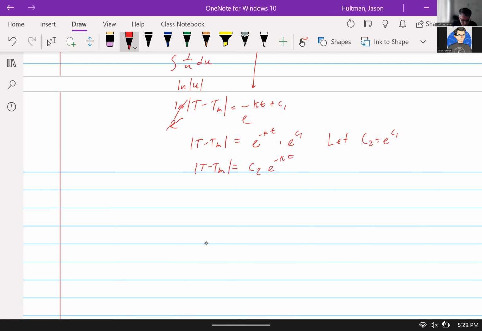And we're going to do the trick that we did the last time. We can turn that c2 into a c3, a constant that can just flip signs. If it's negative, it's positive; if it's positive, it's negative. And so we can really get rid of the absolute value bars by just changing that c2 into a c3.